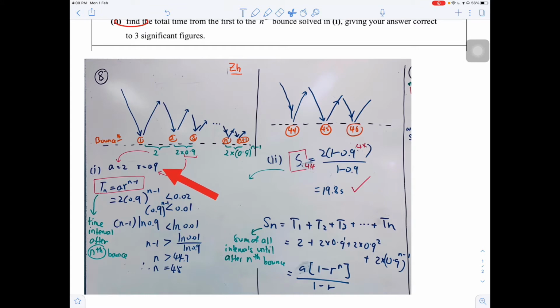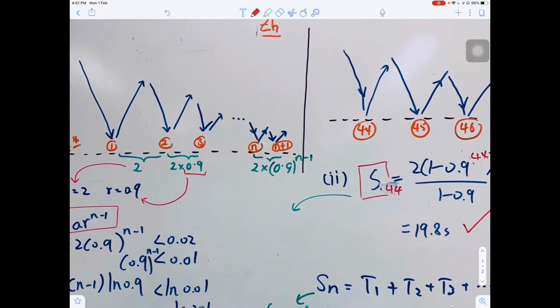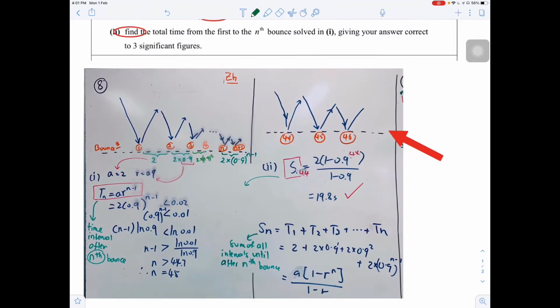Looking at the pattern, if this is 2 times 0.9 to the power of 2 minus 1, we should expect the interval from the third to the fourth bounce to be 2 times 0.9 squared. Therefore, between the nth and the n plus 1 bounce, it should be 2 times 0.9 to the power of n minus 1, just by looking at the pattern for the first few.